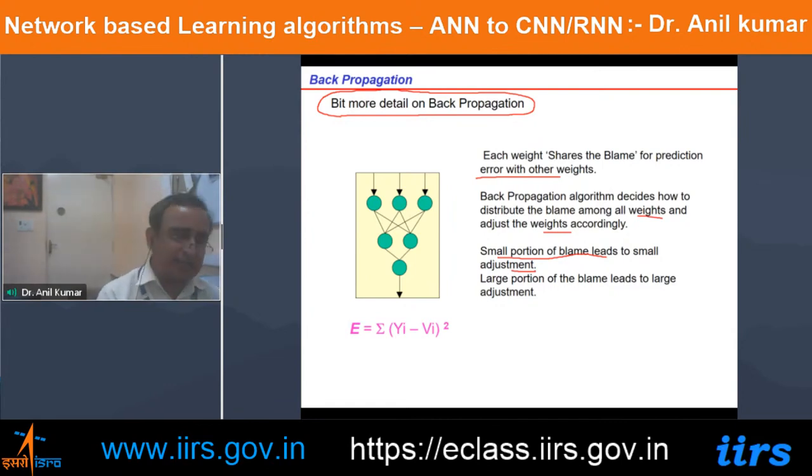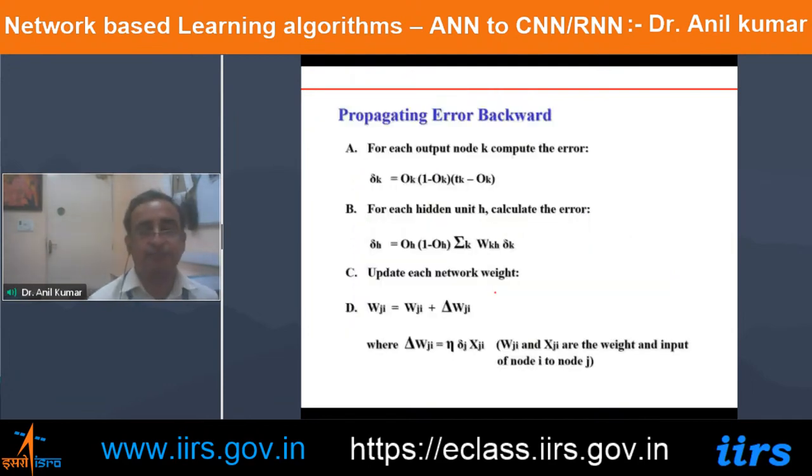When a weight is contributing less error, that weight requires less adjustment. A weight which is contributing more error leads to a large adjustment. So a large portion of blame carried by a weight leads to a large adjustment of that weight. This is the theory behind how the weights are adjusted.